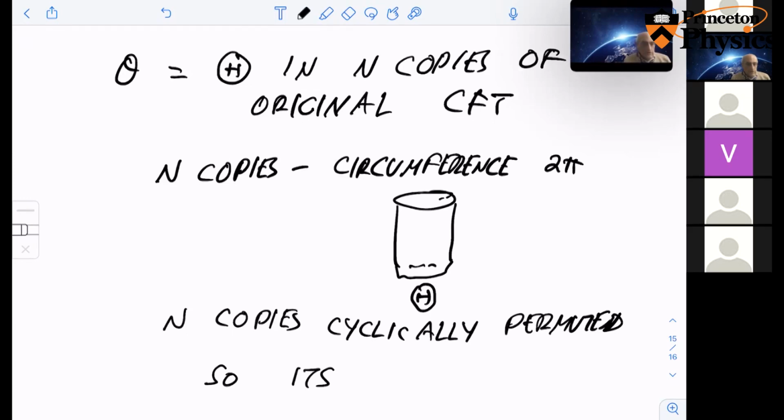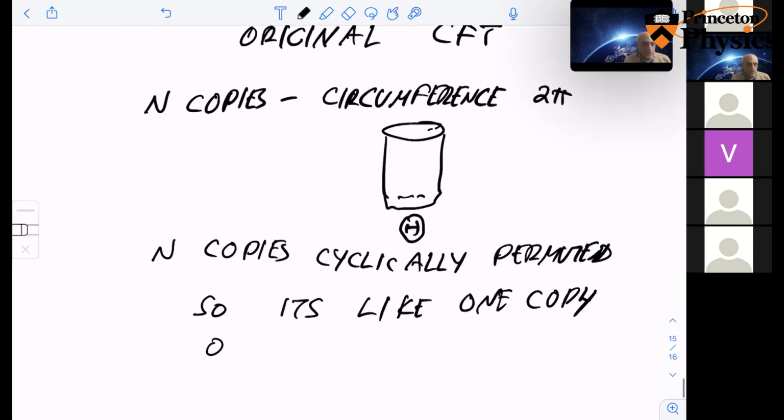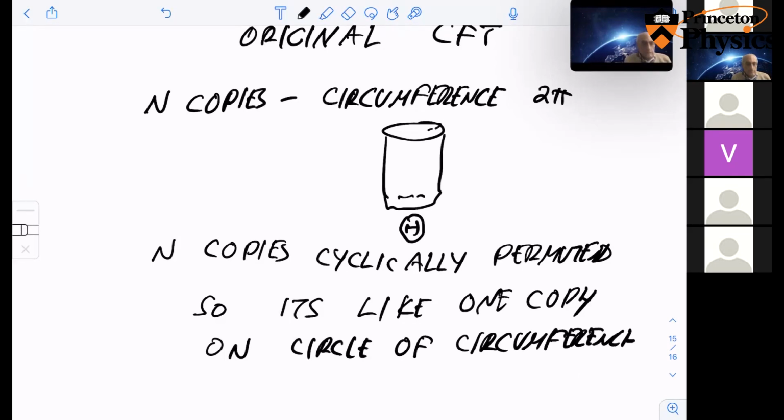So it's like 1 copy on a circle of circumference 2 pi n in the original theory.